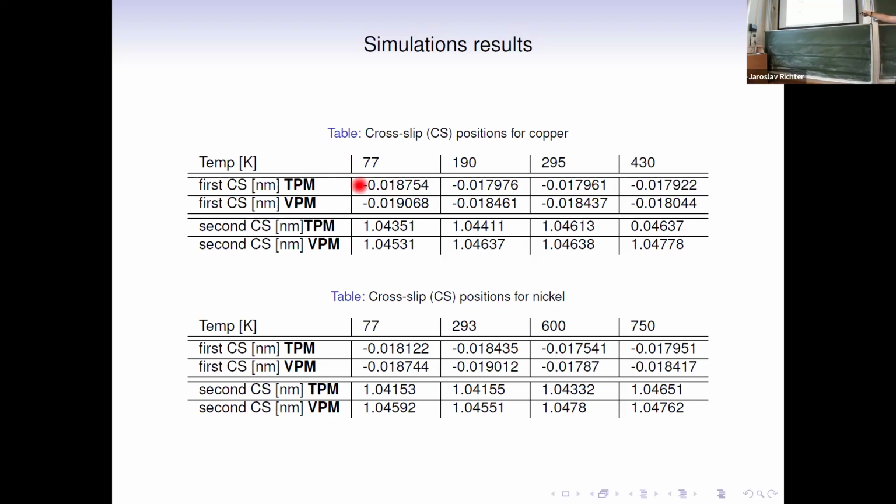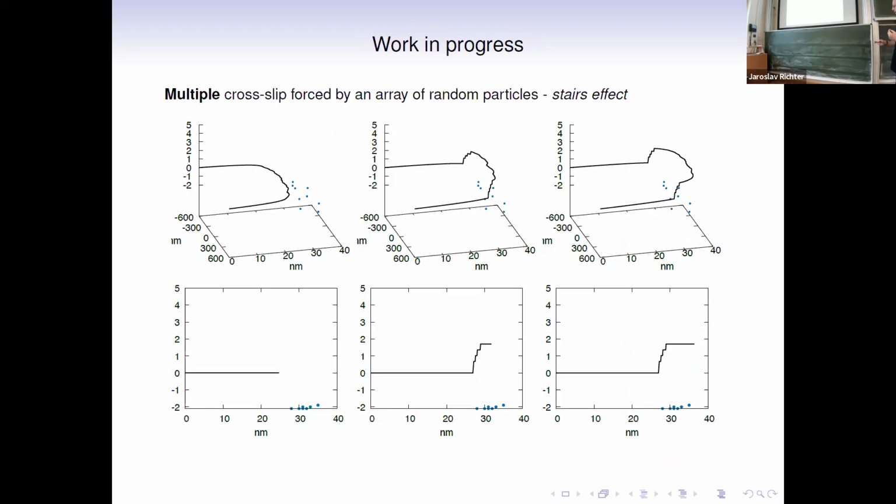First cross-slip, very comparable; second cross-slip, very comparable for all 4 sets of working temperatures, and again for nickel. So this shows a very nice computational verification, at least for the people from the physical community, that our original and naive model based on the tilting produces at least not bad results.